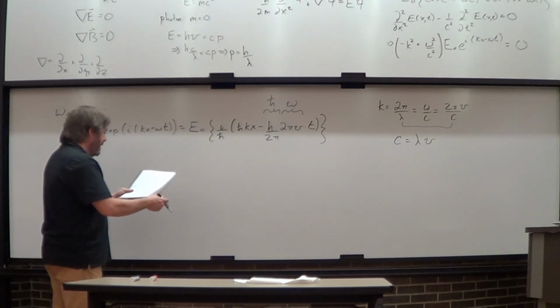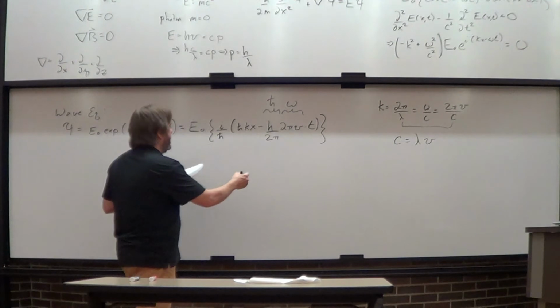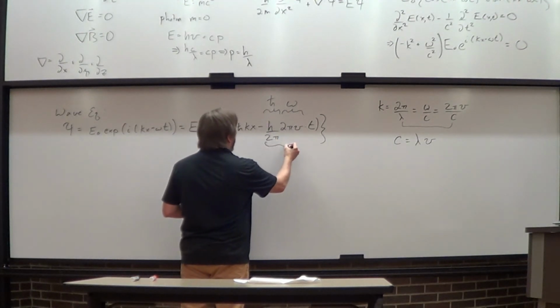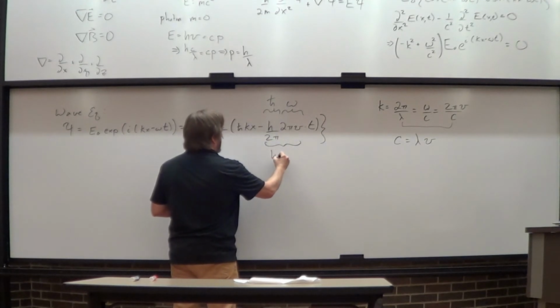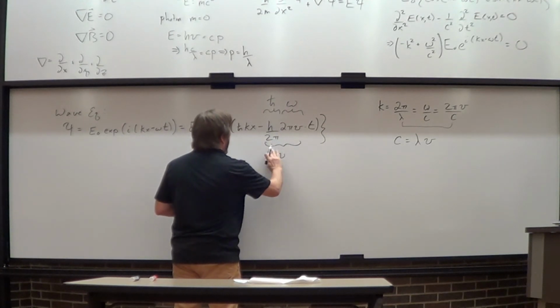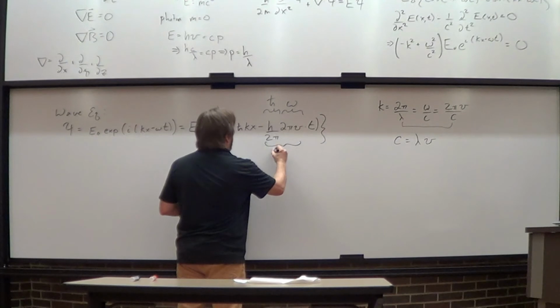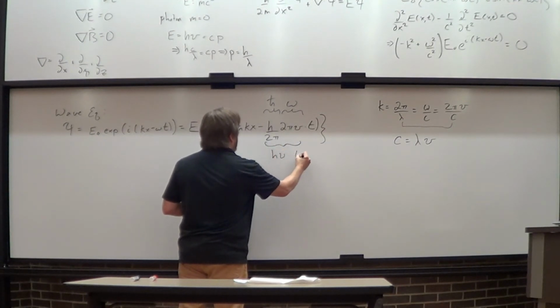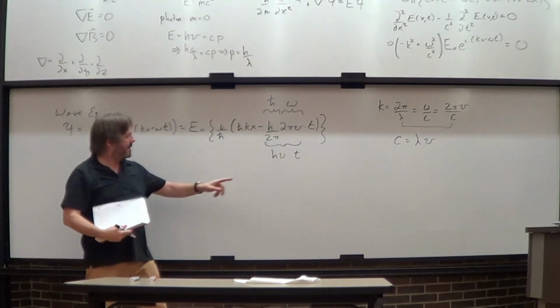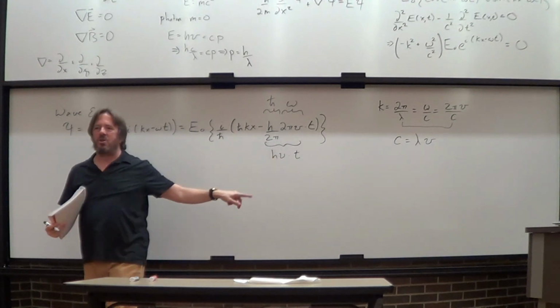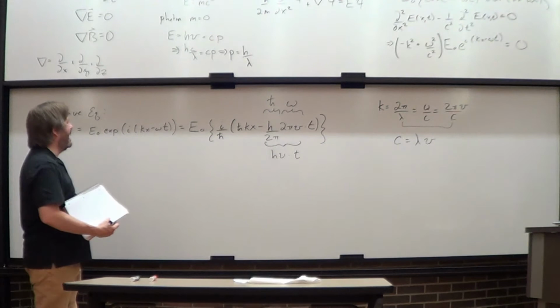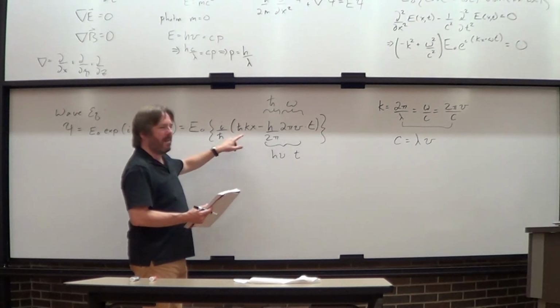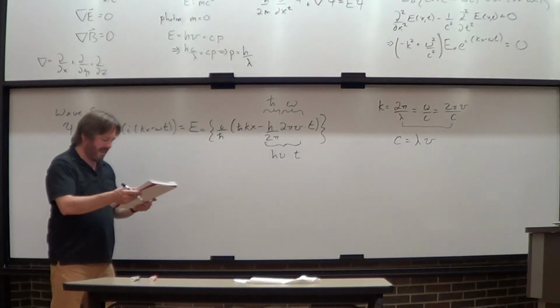Okay, now notice, what is all this? This ends up being h nu. What's h nu? Yeah, it's the energy. And h bar k, by the way, ends up being momentum.